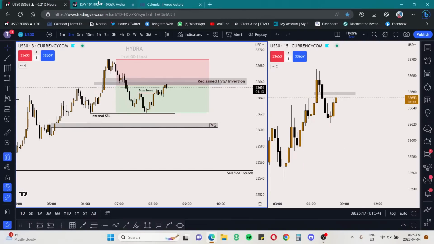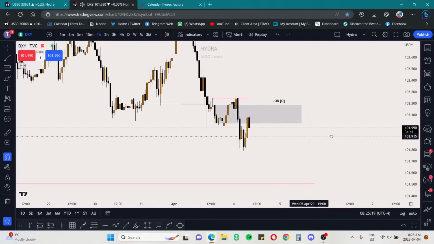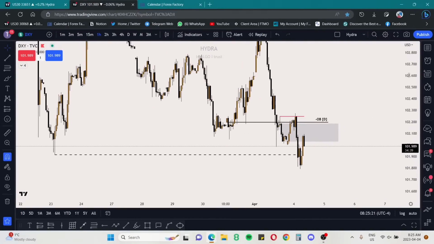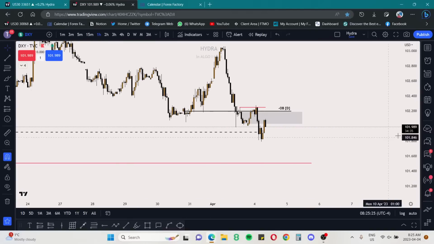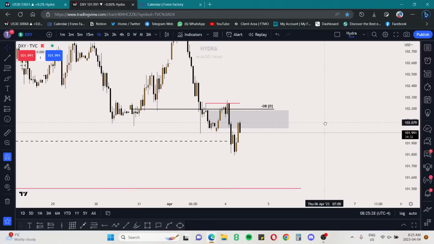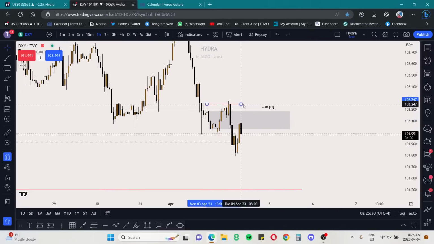Now let's look at dollar. Okay, so I did an analysis before I started the live stream. It's an hourly chart. Price did a stop hunt here, right? That's a stop hunt.